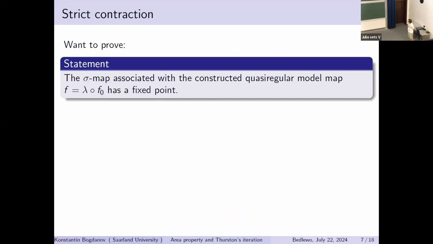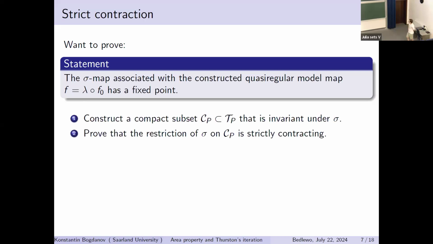Okay, so we want to prove the following meta statement: the sigma map associated with the constructed quasi-regular model map F, which is a composition of lambda with F naught, has a fixed point. How do we do this?